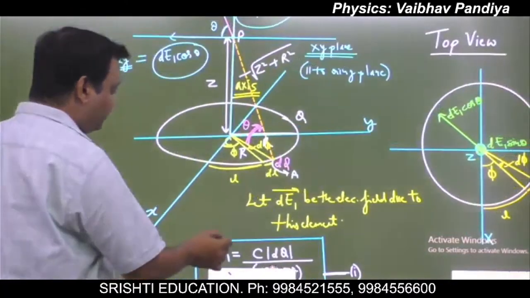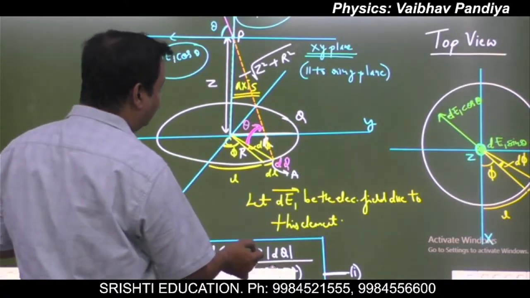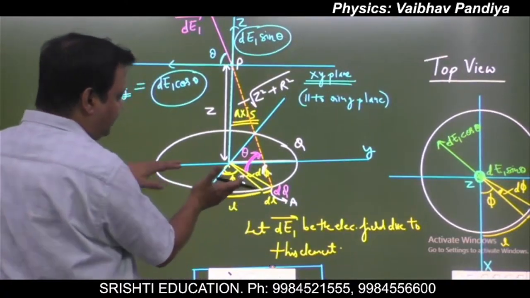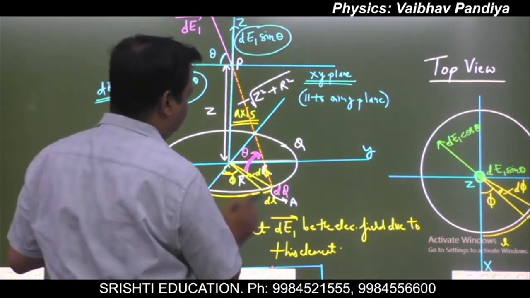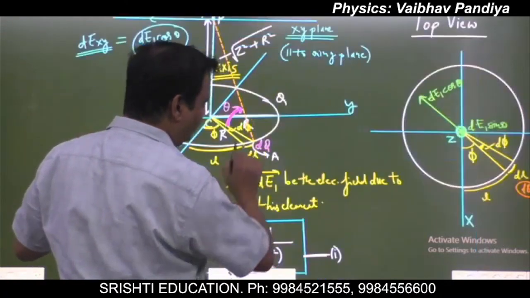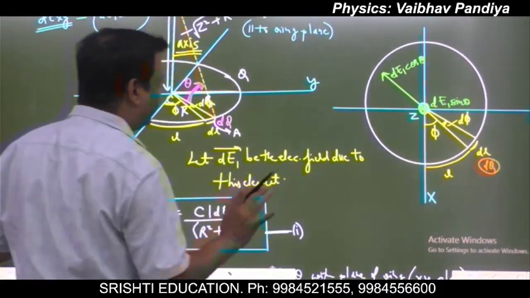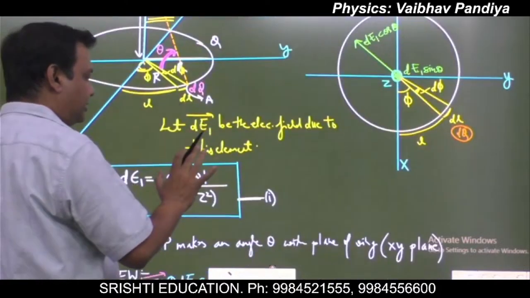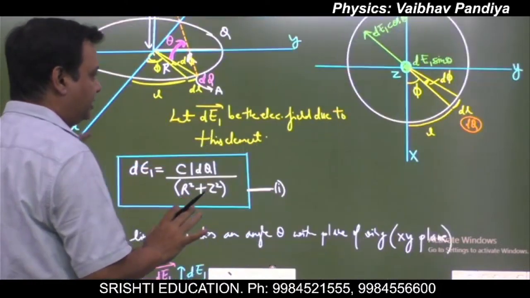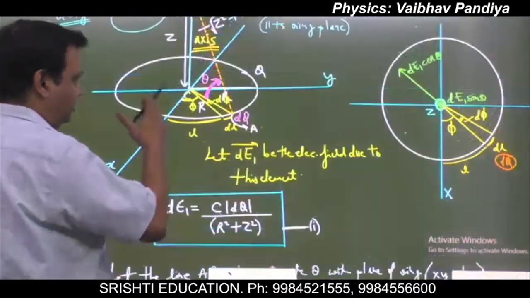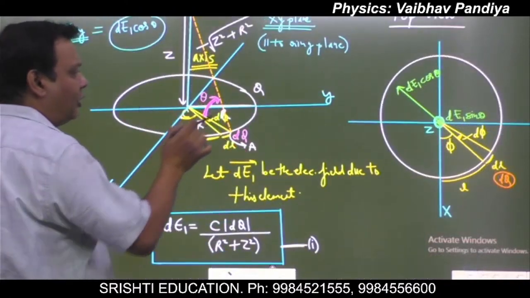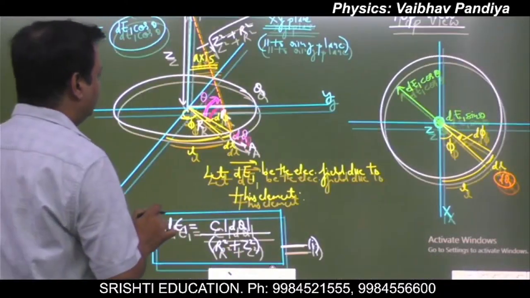So suppose we are taking one more element which is diametrically opposite to this dq. First of all, you note all this figure. You can make the video still and note down all the figures and understand everything, okay? And then we'll go to taking another symmetric element opposite to this dq, okay?